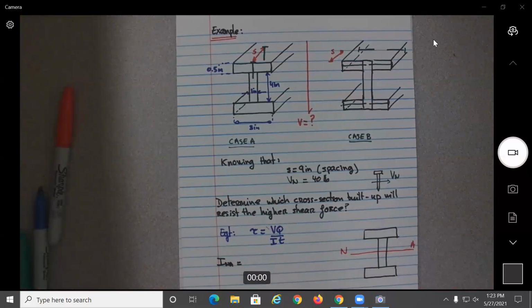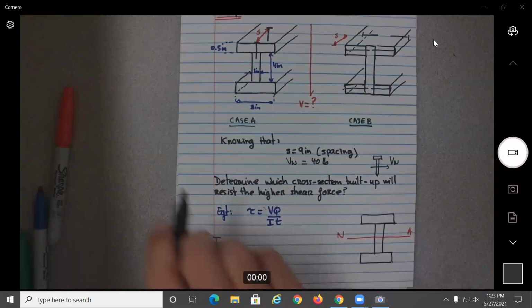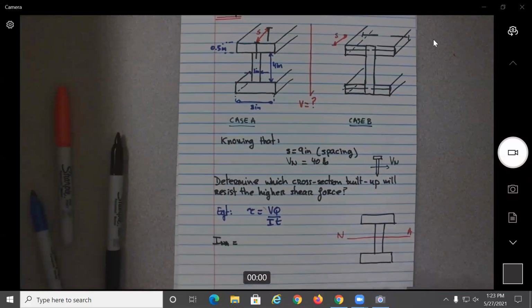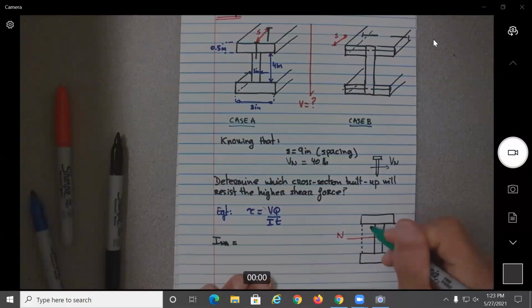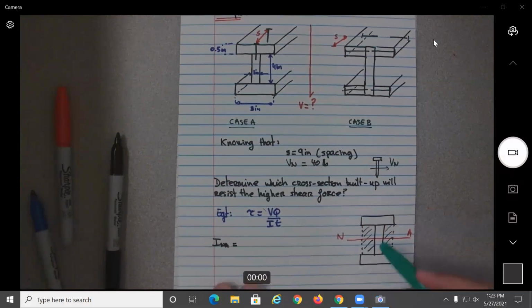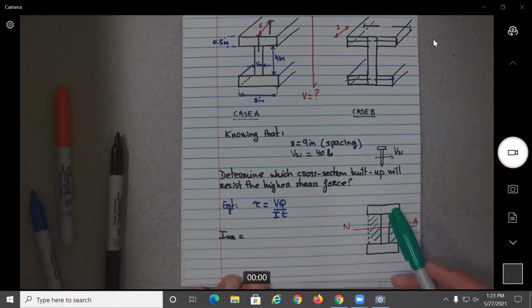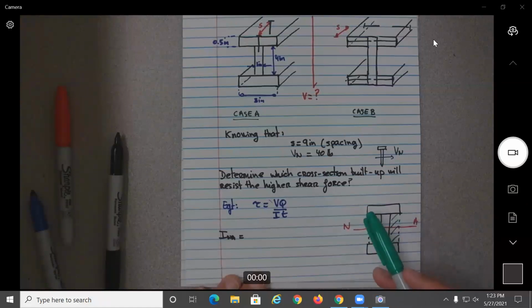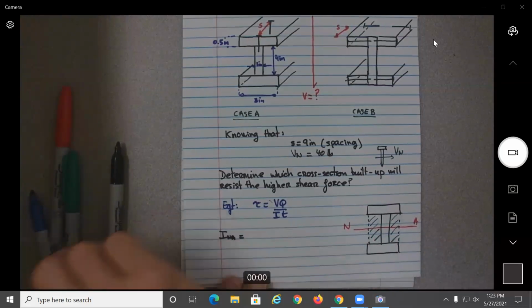The way I do it is this way: since it's symmetric, I'm going to consider this as being a whole rectangle. And then I'm going to remove the moment of inertia created by the two shaded areas over here, this one and this one. Okay, so we do that.